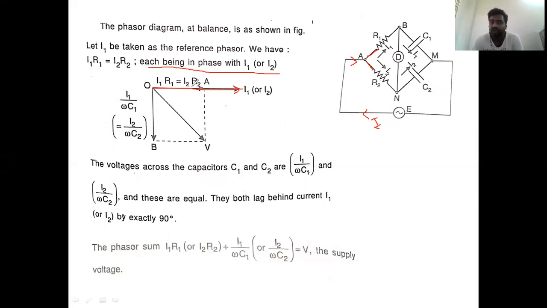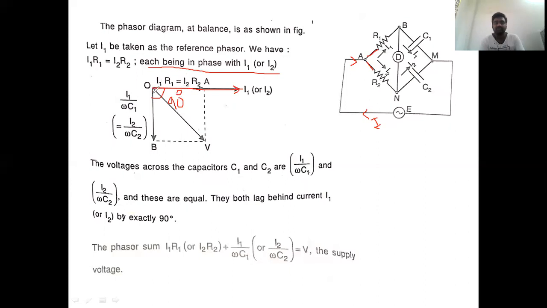Next, we have seen the behavior of the voltage drop, or potential drop, across the capacitor arms. A capacitor has the property of lagging with respect to the current, so the voltage across these two capacitor arms lags the current by 90 degrees.